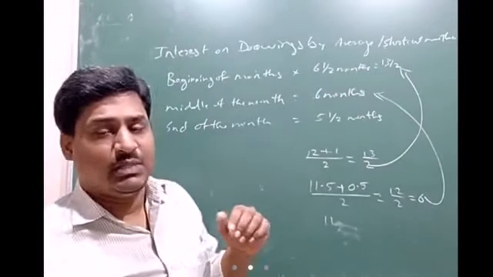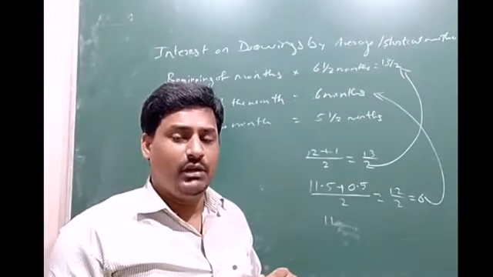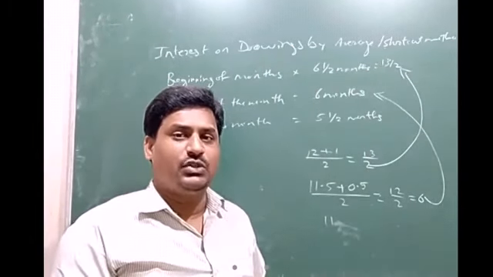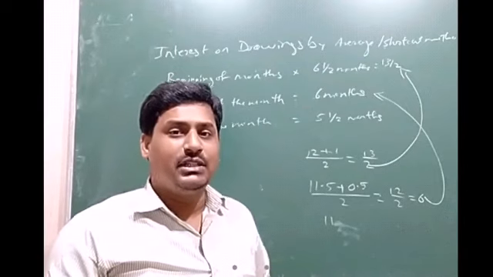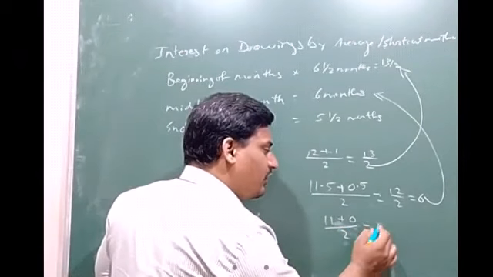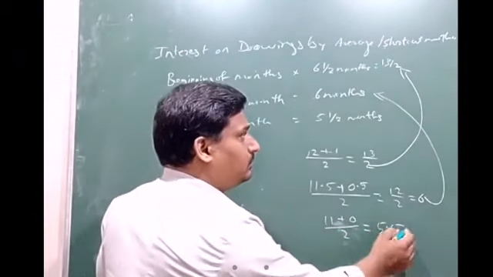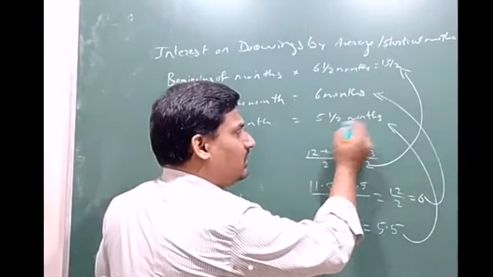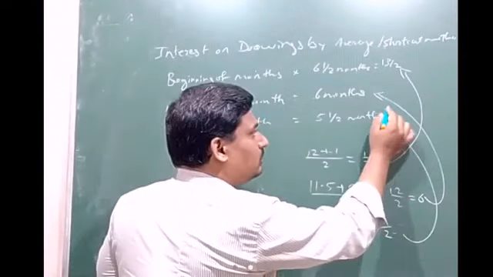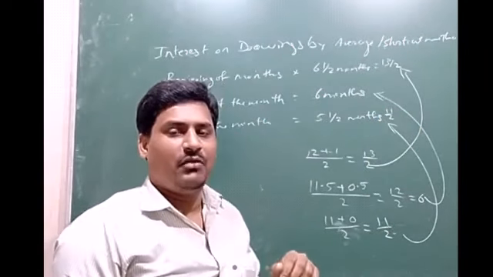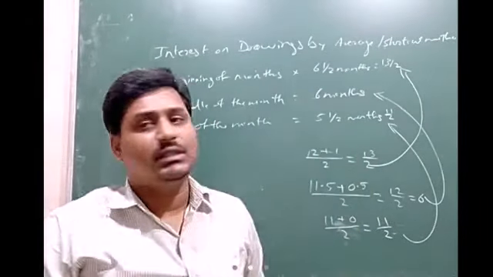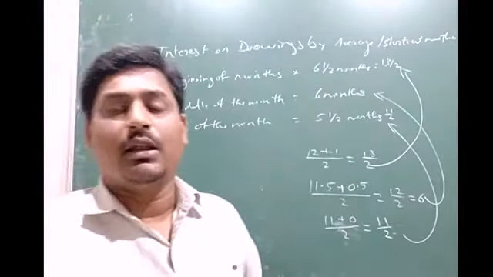And for the shortest period, the last withdrawal will be on March 31st itself. So when we draw on March 31st, no interest is calculated, so for 0 period we can say. So (11 + 0) divided by 2 is equal to 5.5 months. In other words we can write it as 11 divided by 2. So by using this shortcut we can calculate interest on drawings.